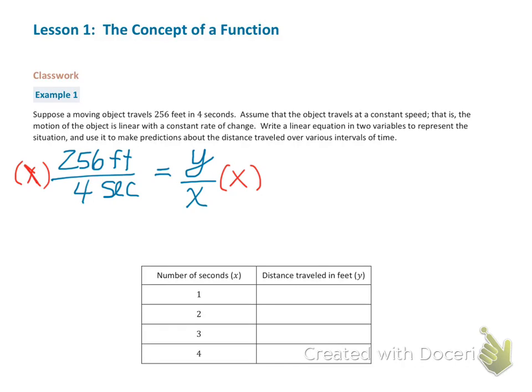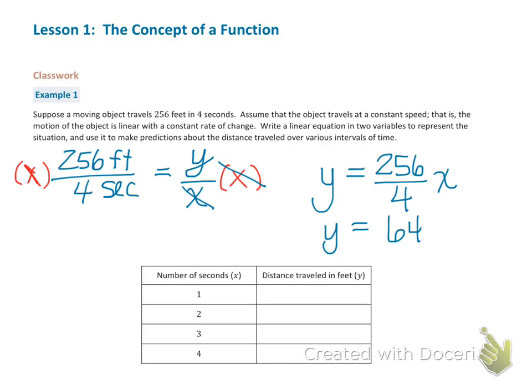So let's rewrite that. That would become 1. So we would have y is equal to 256 over 4 times x. And that would be my linear equation. And if I simplify this, I'm going to get y equals 64x.